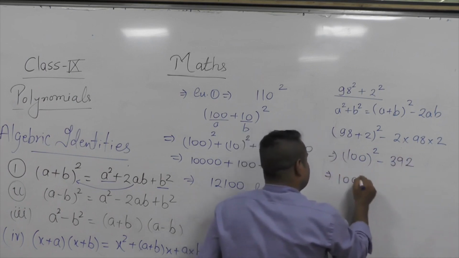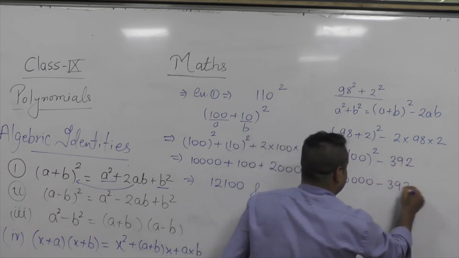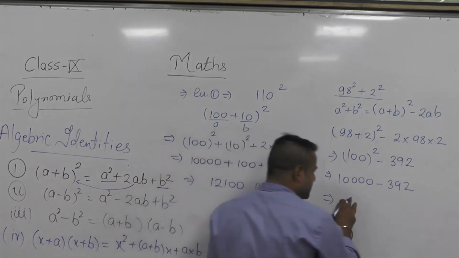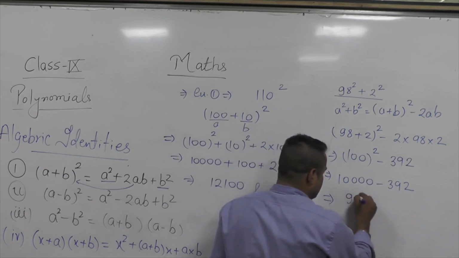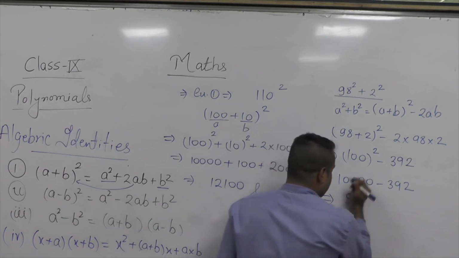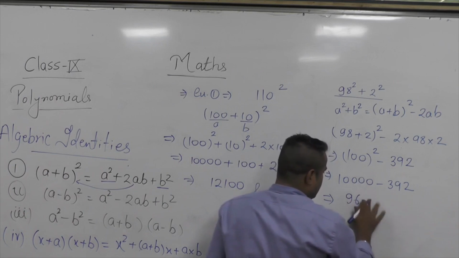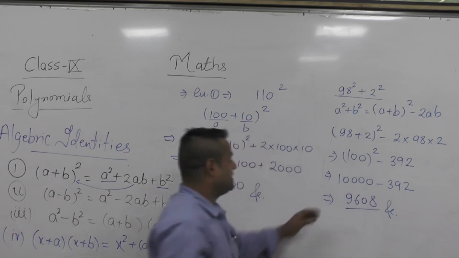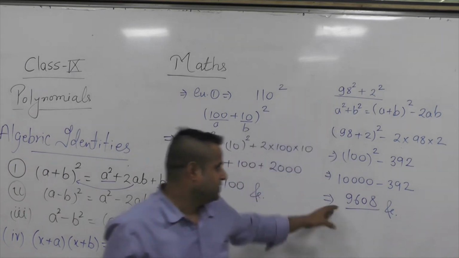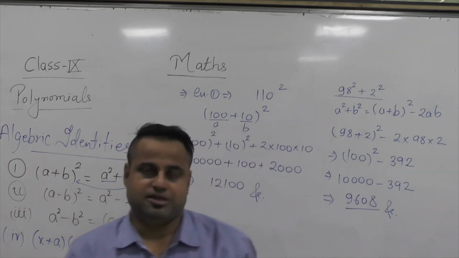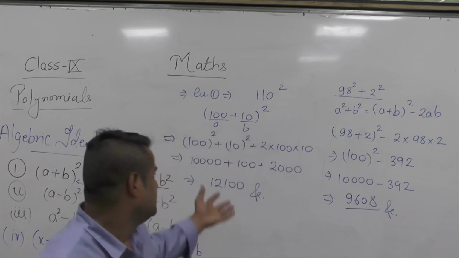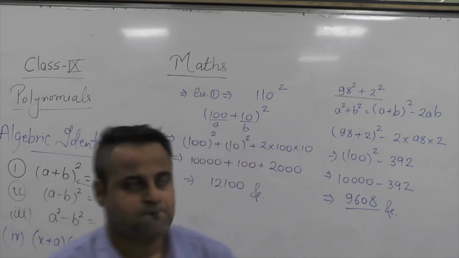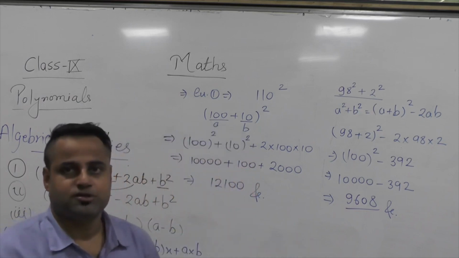Now we just subtract 392 from 10,000, which gives us 9,608. This will be the answer, and that is the solution of this algebraic expression. So that's how we can use this first identity, A plus B whole square. You can try some more questions.